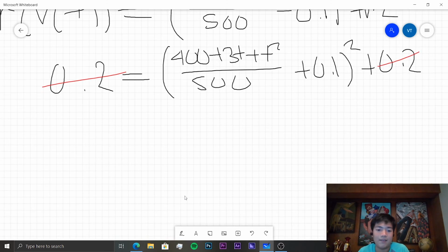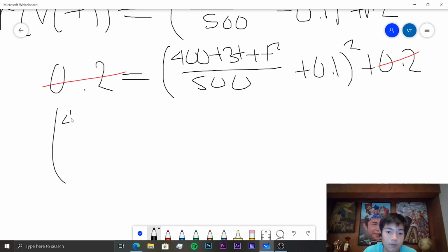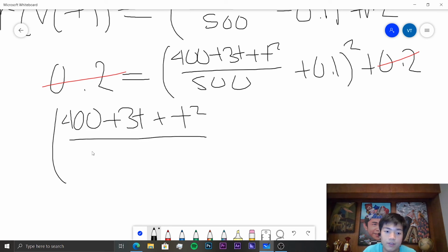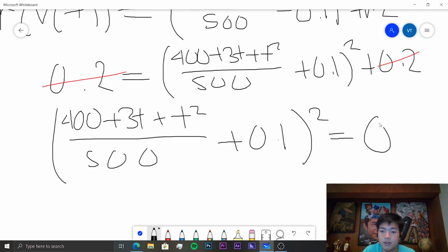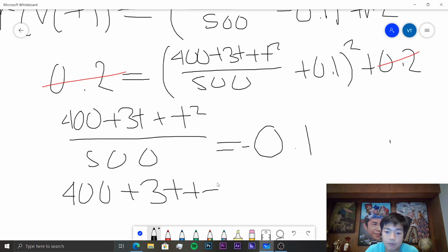So we have 40 plus 3t plus t squared over 500 minus 0.1 squared is equal to 0, and so this function on the inside must have also been equal to 0. So 40 plus 3t plus t squared over 500 must have equaled 0.1. And so 40 plus 3t plus t squared must have equaled 50.